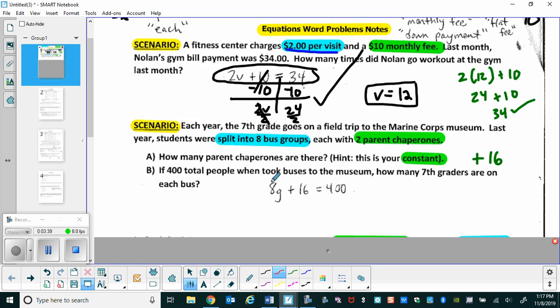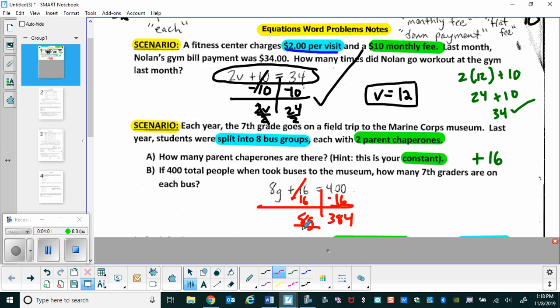So if we have 8 bus groups plus our 16 parent chaperones, that's going to equal the 400 total people who went. So now let's drop our line and solve. We're going to get rid of the 16 parent chaperones, and that cancels out over here. So we have 8 bus groups, and that's going to be 384 7th graders total.